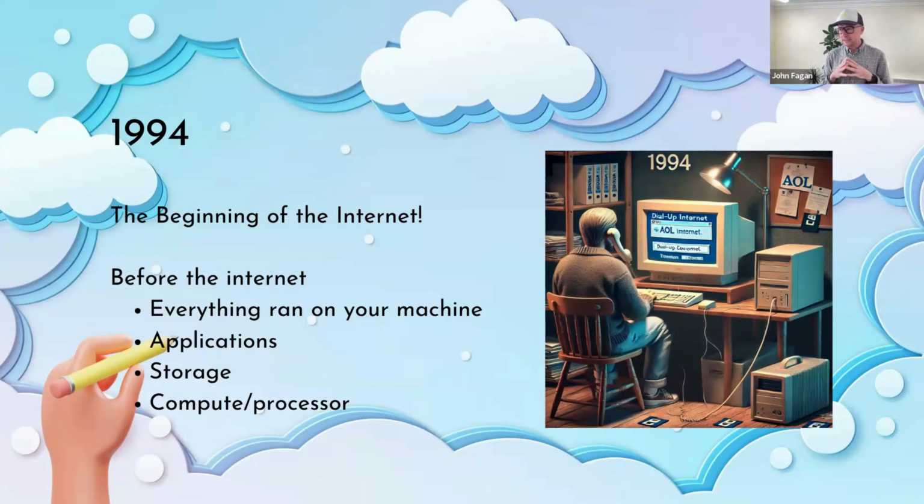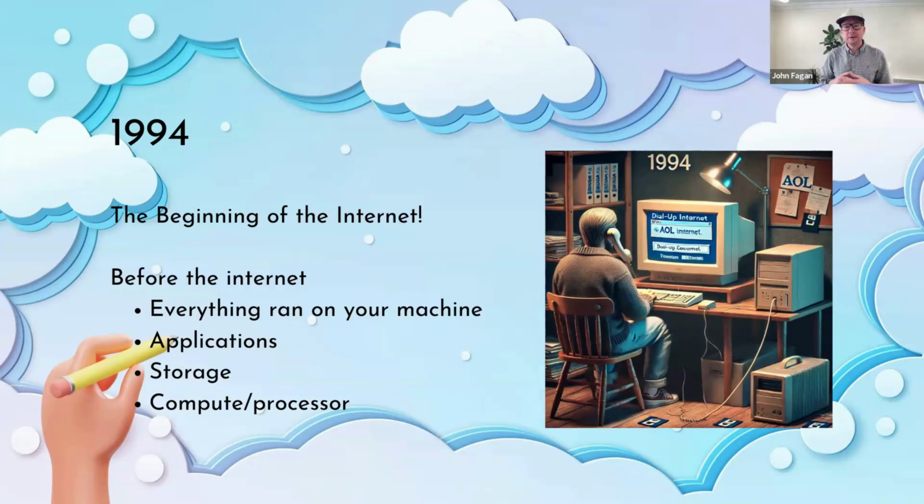But back in those days, pre-internet, pretty much everything ran on your machine. So obviously the operating system and then all the applications that sat on top of that. So Microsoft Office, Excel, Word, any application that you needed to conduct your business, and also your email client would be on there.